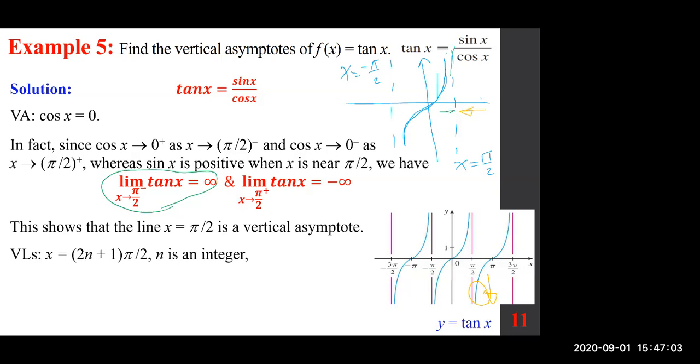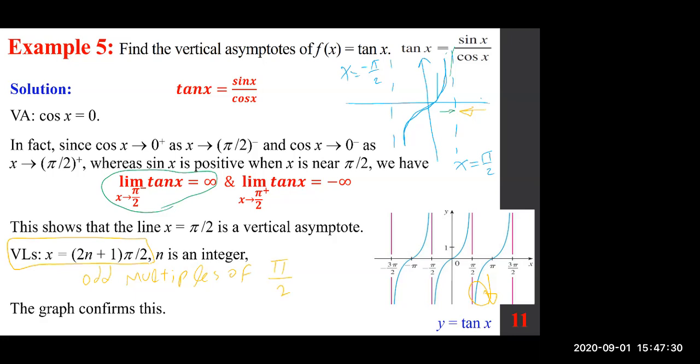So the bottom line is, what you really want to know is the following. The graph confirms that the vertical asymptotes are 2n plus 1 times pi over 2. 2n plus 1 represents an odd number. So this means odd multiples of pi over 2.